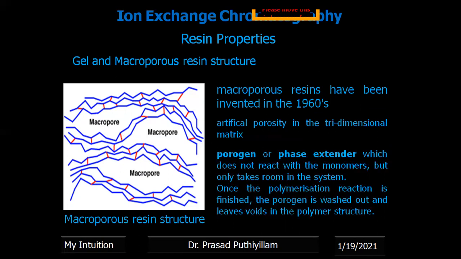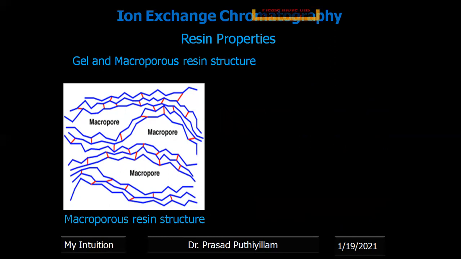That means we add phase extenders or porogens along with the monomers, styrene as well as divinyl benzene, when it undergoes the cross-linking polymerization. This phase extender or porogen does not participate in any reaction. After completion of the polymerization, the porogen can be washed out, which creates bigger voids, which we call the macropores.